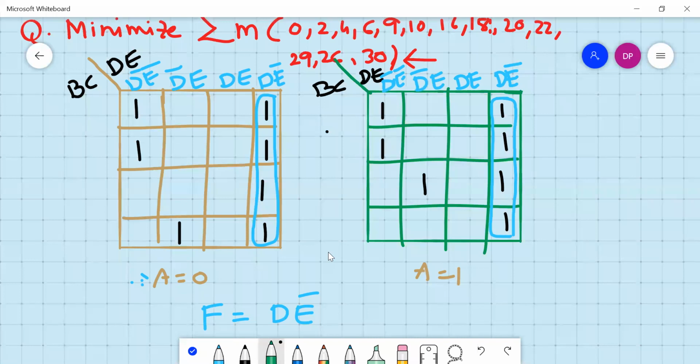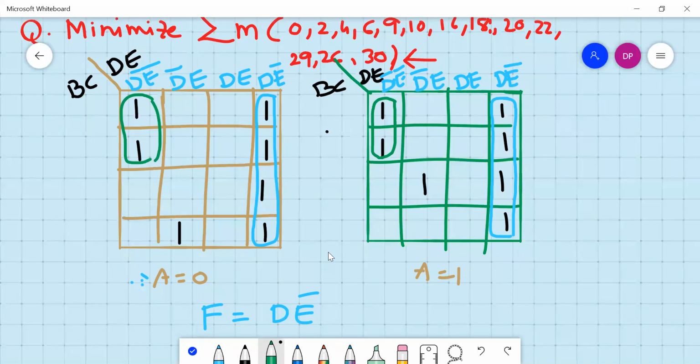Then let's group the next set of ones. So these two and these two can be grouped. So what is common in these two? D bar, E bar.